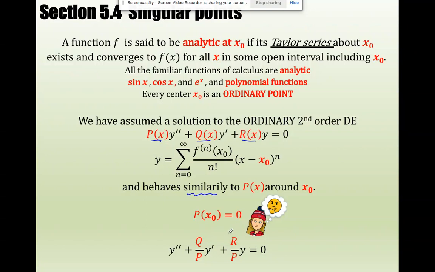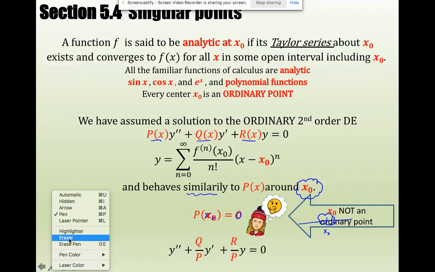Obviously, there is an issue at x sub 0. But remember, we're talking about behaving similarly to this function p around the center. So I know that if plugging in x sub 0 gives 0, at the center I have an issue. But what about around the center? What about as I get close to the center?